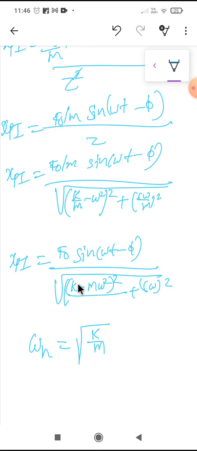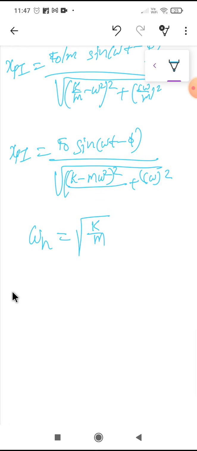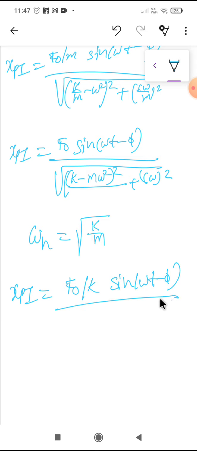But now what we'll do is divide the whole equation by k, let's take k outside. So what we are left with, xpi is equal to f0 by k. So k we are taking from the denominator as common, so I have already written.